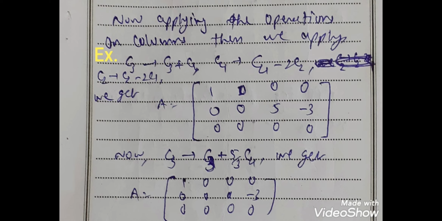So all the entries of the third column are 0, all the entries of the second column are 0, and all the entries of the third row are 0. So we remove the second and third column and third row, then we get only 4 elements in the matrix which are 1, 0 and 0, minus 3.